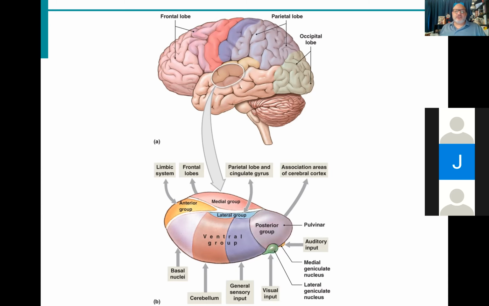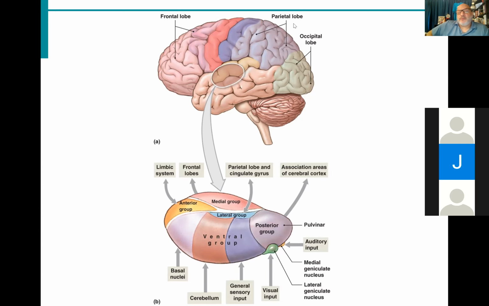And one of the things that you should notice when you look at this cluster of nuclei and their functions is basically the thalamus's function is to be a relay system for sensory information. Almost all of your sensory information coming from your body goes to the thalamus first to be processed before it's sent to the regions of the cerebrum that they're processed by.